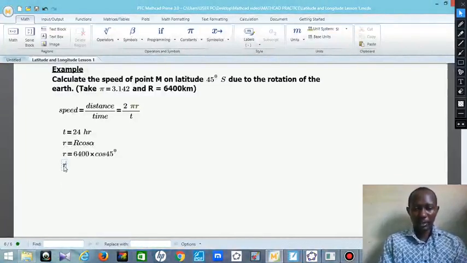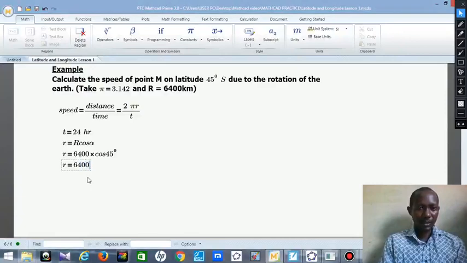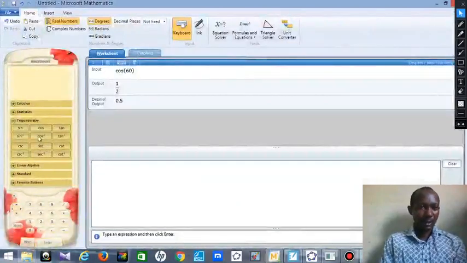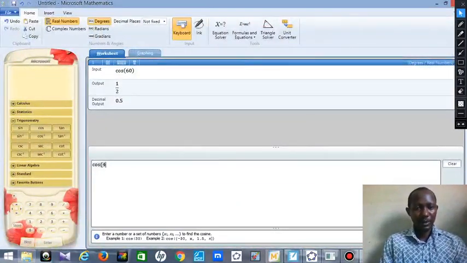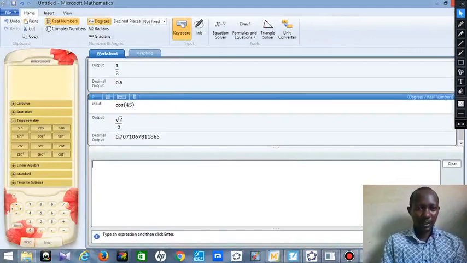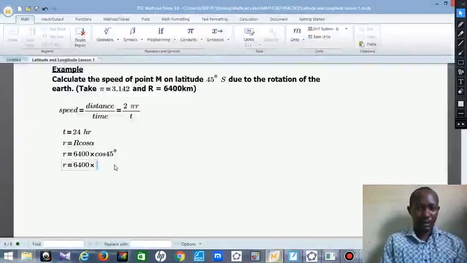Let's solve and get this answer. We can use our calculator to check: cos 45 is going to give us 0.7071, taking it to 4 decimal places.